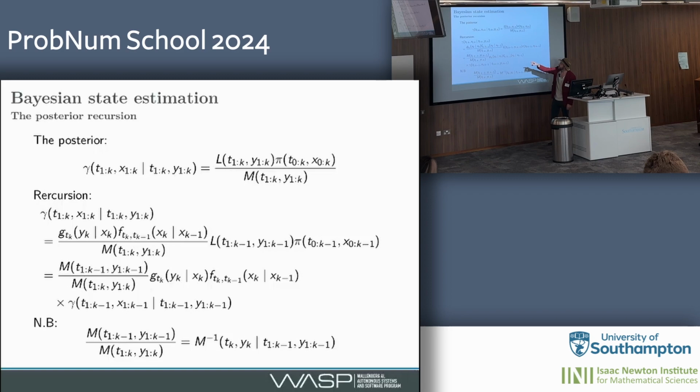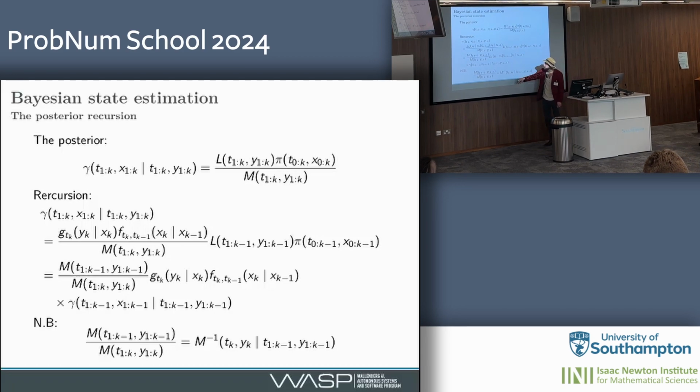Now we can multiply this and divide by the marginal likelihood of the data up to k minus 1. Then this turns into the posterior over the path up to k minus 1. And then we just have this fraction of marginal likelihoods, and the latest transition and measurement densities.